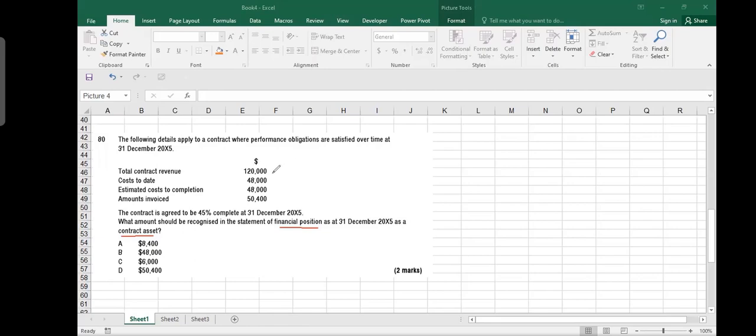Total contract revenue 120, cost to date 48, estimate cost to completion 48, amounts invoiced 50,400. The contract is agreed to be 45% complete at 31st December 2005. And this 45% will help you to calculate your profitability. You will see how much is the total profit, and 45% of that you will recognize.